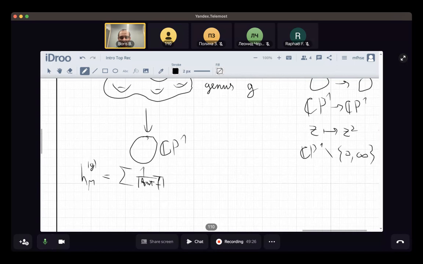То есть, да, сумму по всем классам эквивалентности 1 делить на группу автоморфизмов накрытия.